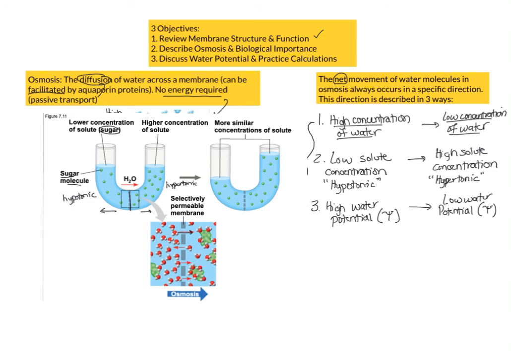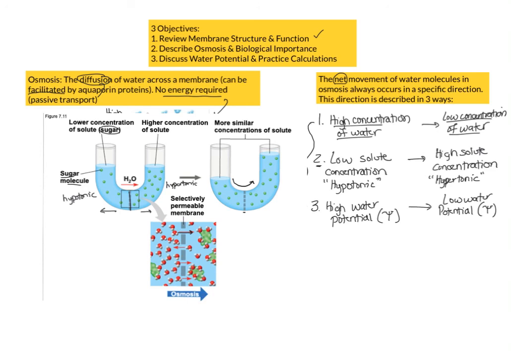Okay, so if we were to predict the directionality of water molecules in this setup over time, we know that water is going to move from a region where there is low solute concentration to a region where there is high solute concentration. And so over time, because water can move across this membrane, you're going to see the net movement tend towards the right, and the level of the water on the right-hand side will increase.